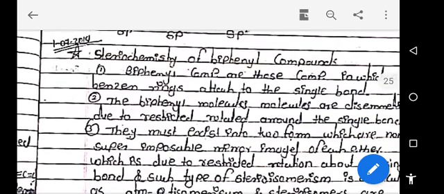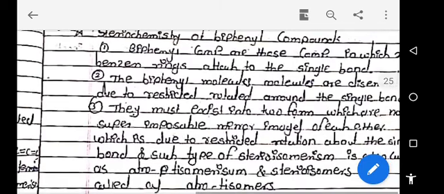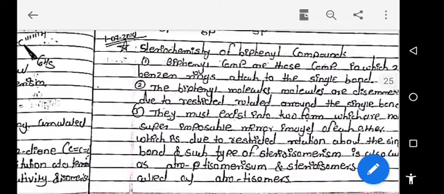Stereochemistry of biphenyl compounds. Biphenyl compounds are compounds in which two benzene rings are attached by a single bond. The biphenyl molecules are dissimilar due to restricted rotation around the single bond.